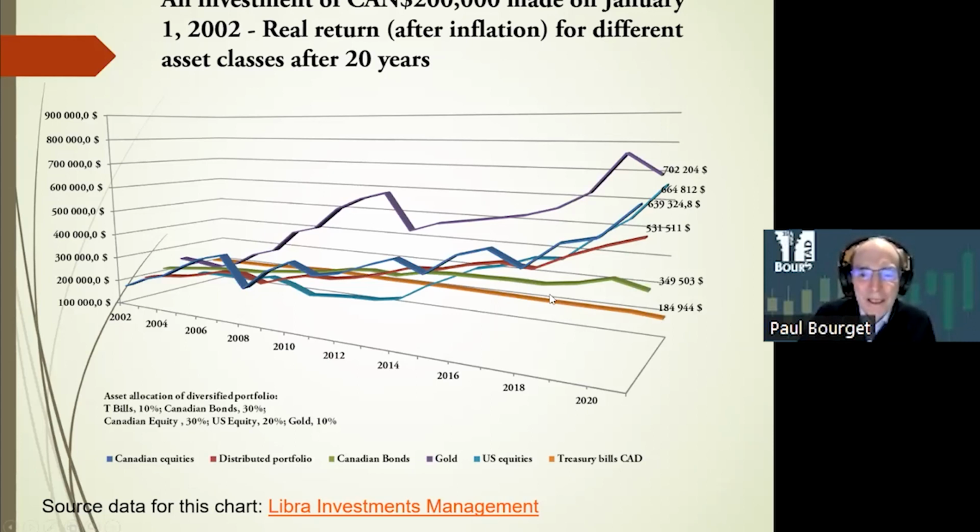So we see that the diversified portfolio is rather stable on both slides with a nice enough return, and all the other types of assets perform differently between the first and the second slide.